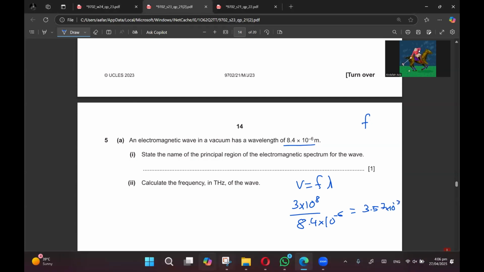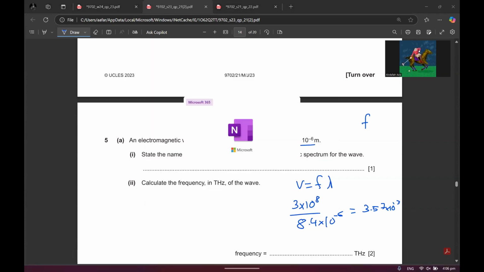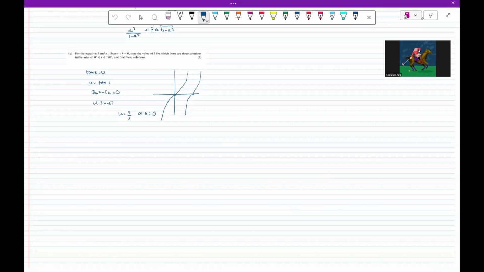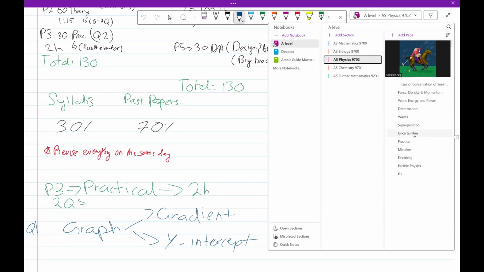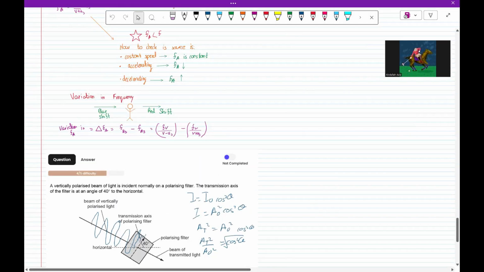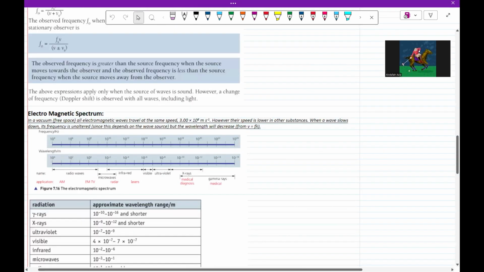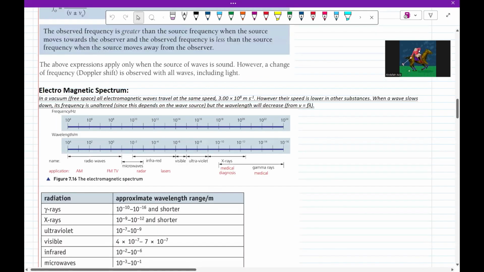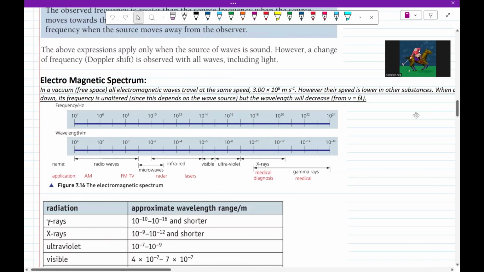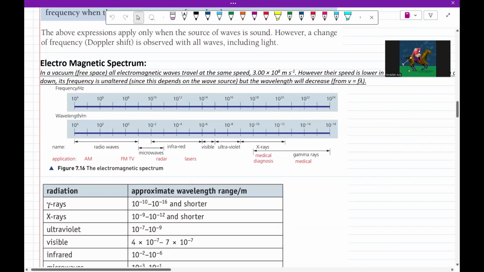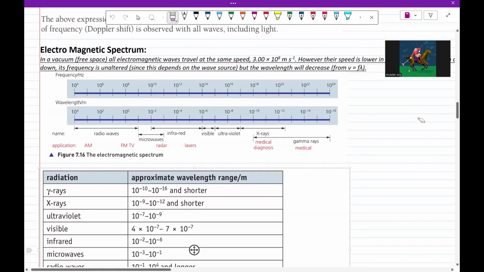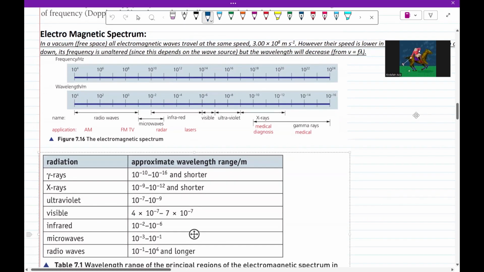So if you now check it from the table of those frequencies, infrared is basically the wavelength of infrared is from 10 power negative 2 to 10 power negative 6.